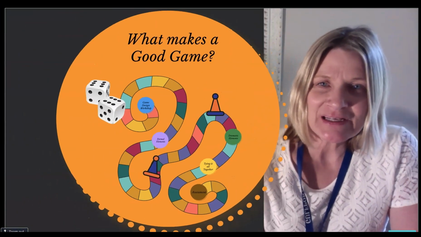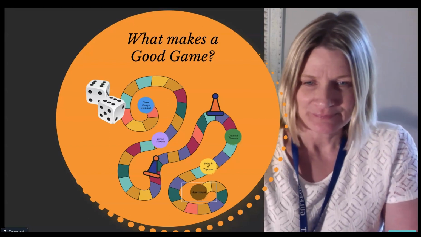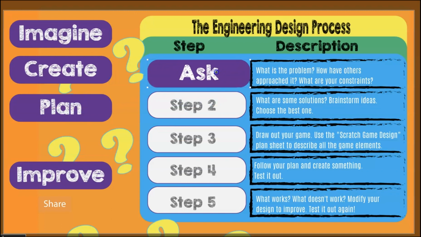Let's do an activity to review the engineering design process. Step 1. What is the problem? How have others approached it, and what are your constraints? This was the ask step. Step 2. What are some solutions?